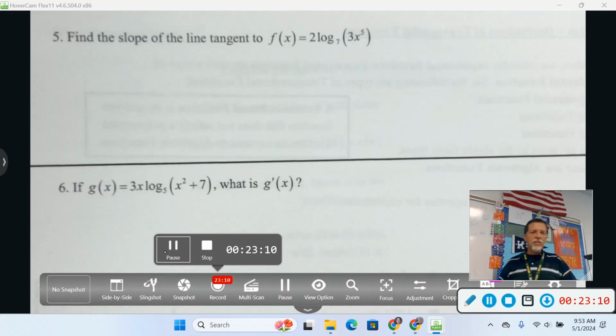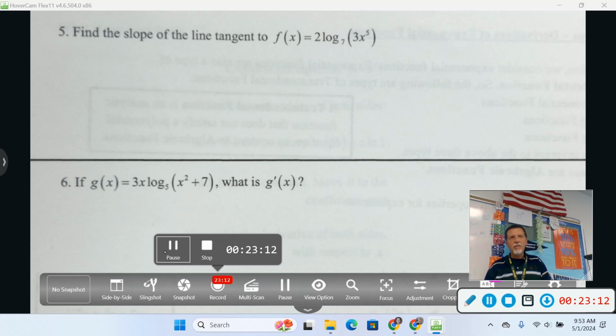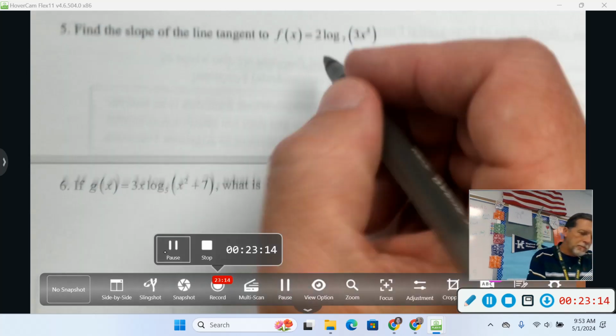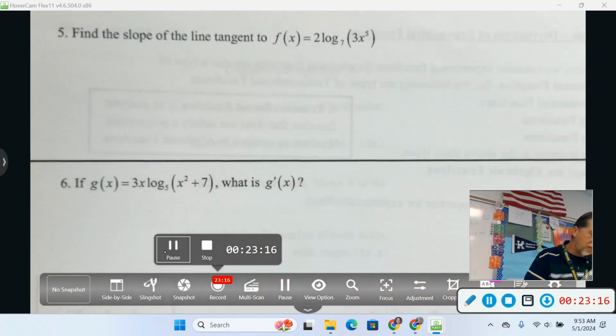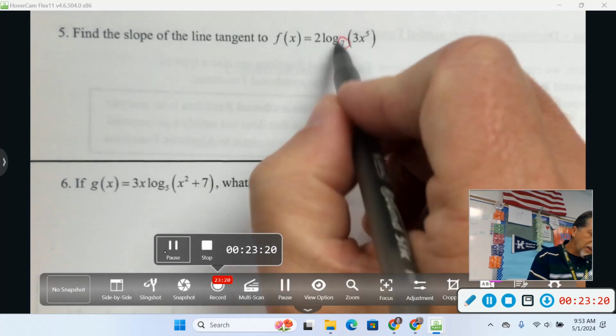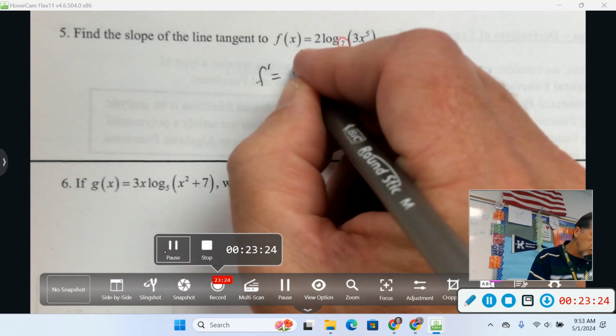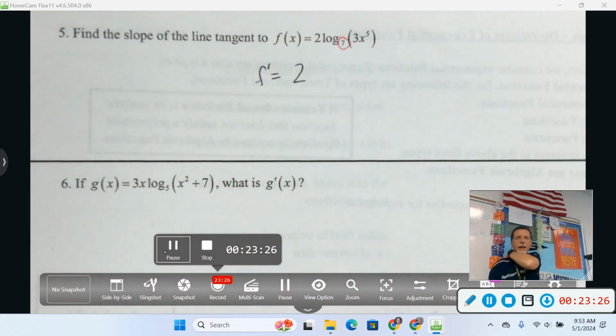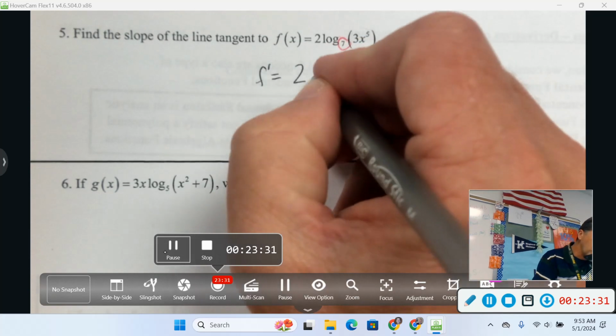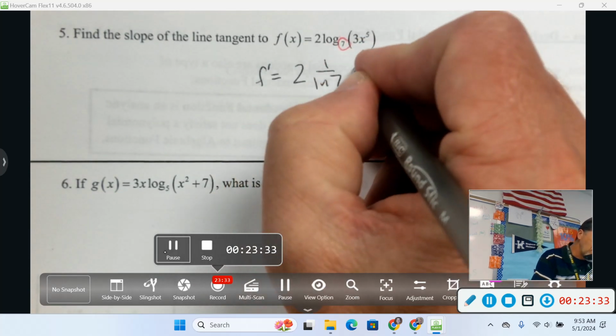Number 5, find the slope of the tangent line. So that's another derivative. Oh, but we got base 7. I don't think I can do anything with the inside, so f prime equals, so 2 goes along for the ride. The change of base means I've got 1 over natural log 7 out front.